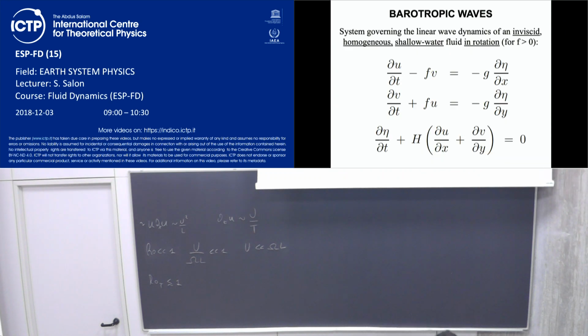So what we obtain is a system which is still, let's say, a relative of the barotropic flow system, but the first two terms contain only the local time derivative, the Coriolis term, and the pressure terms, while the continuity equation contains only this one.